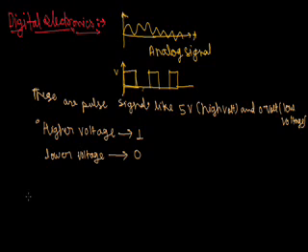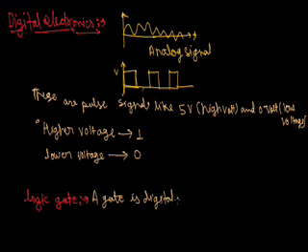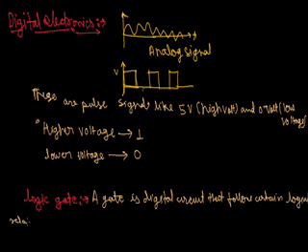Now one more thing is here, logic gate. What is a logic gate? Logic gates are circuits used in digital electronics to operate on digital numbers or digital signals. If we want to define it, a gate is a digital circuit that follows a certain logical relationship.